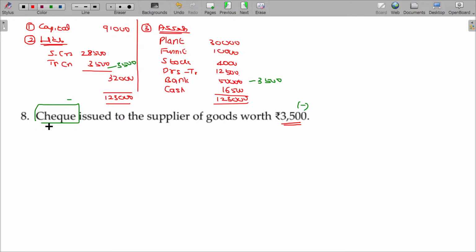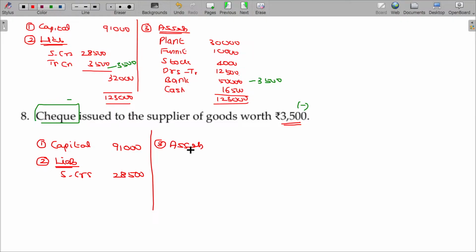Let's see. Capital, this value being 91,000. Liabilities, under that we have only sundry creditors, and in assets, plant remains as it is, the value being 30,000.